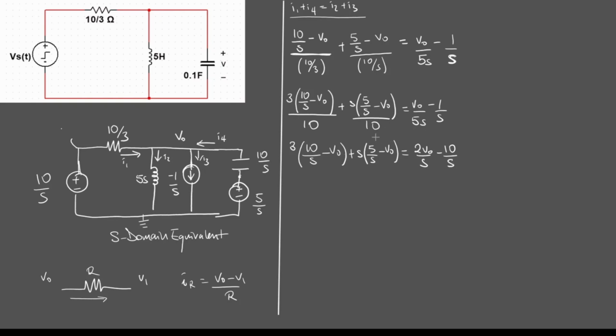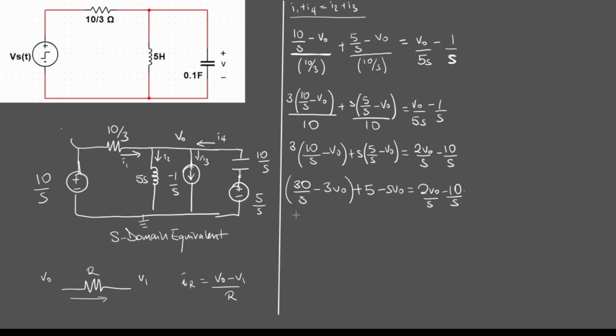Okay, let's expand these guys. So that's 30 all over S minus 3 V naught plus 5 minus S V naught is going to equal 2 V naught over S minus 10 over S. Okay, I think the only thing we have to do is handle this fraction.